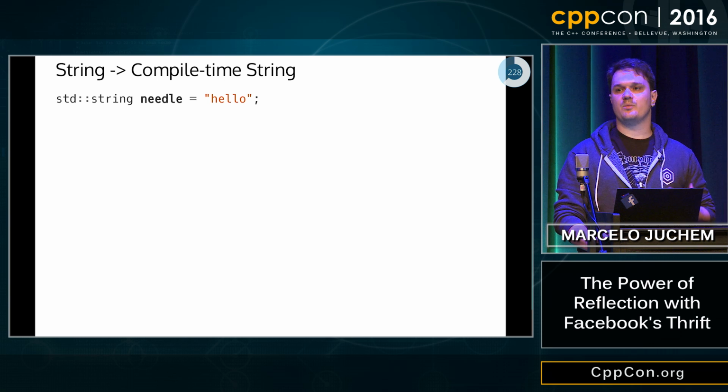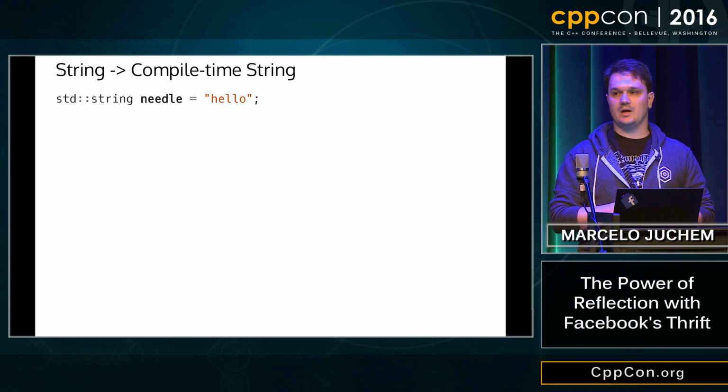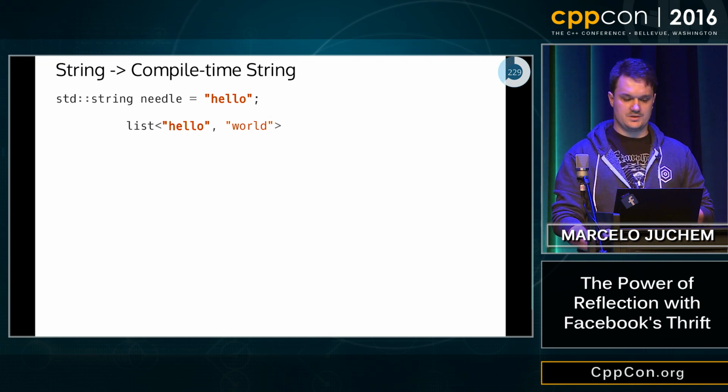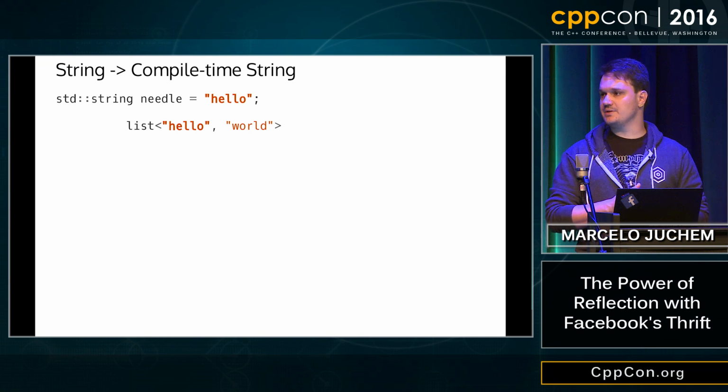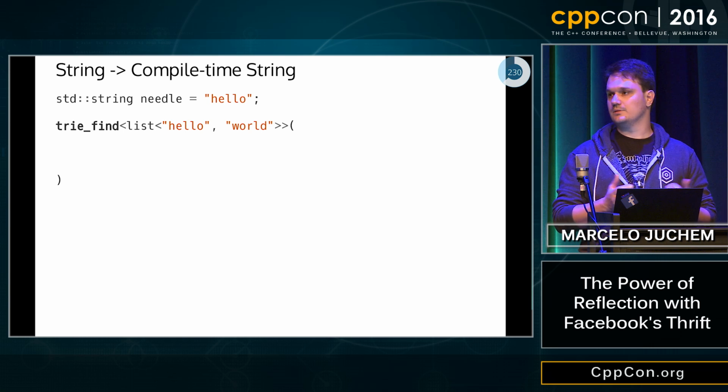So how do we go from a runtime string to a compile time string? It is somewhat similar to what we did with sorted search, but instead of binary search, we're going to build another data structure. So say you have a list with a few compile time strings and a needle, which is a runtime string, and you want to look it up.